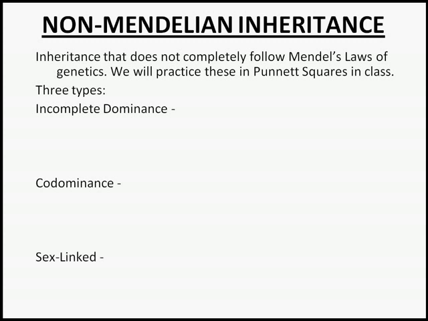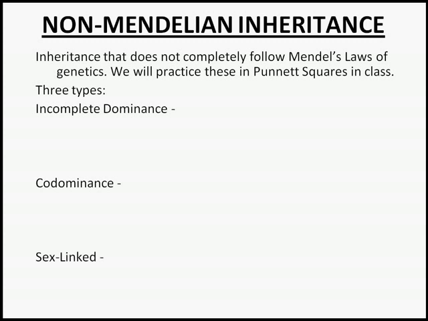And then sex-linked is something that Mendel could not have described because he didn't know much about sex chromosomes or chromosomes at all. You'll see sex-linked when we talk more about doing Punnett squares. For instance, red-green colorblindness is a sex-linked trait, an X-linked recessive trait, meaning that for girls, you have to have 2 X's that are affected with this mutation, which is very rare.